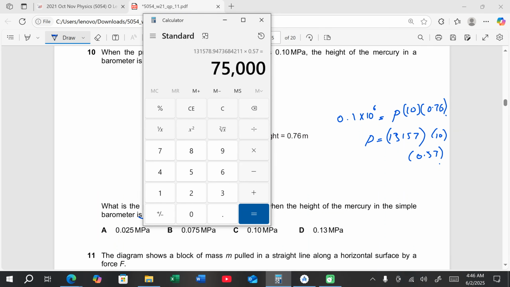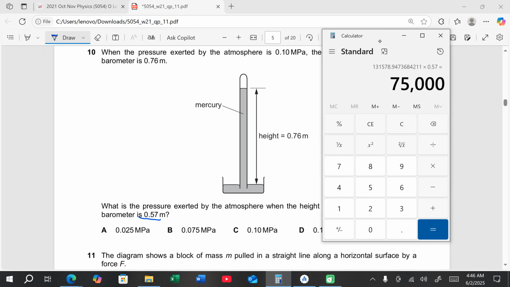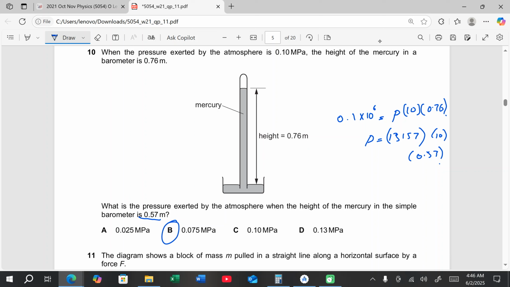So the answer is 75,000. So it is 0.075 megapascals, because for 75,000 you need to move the decimal 6 places backward, 3, 4, 5, 6. So it is going to be 0.075 into 10 to the power of 6. This is mega.